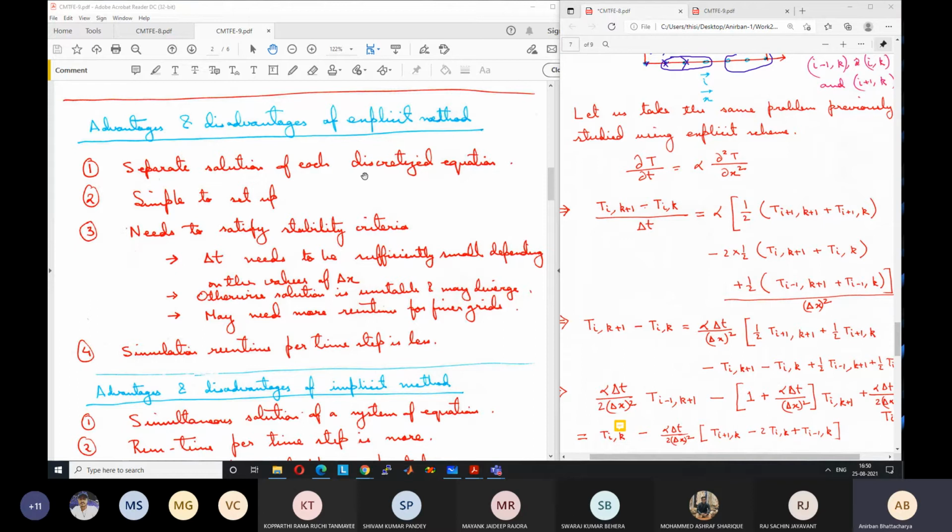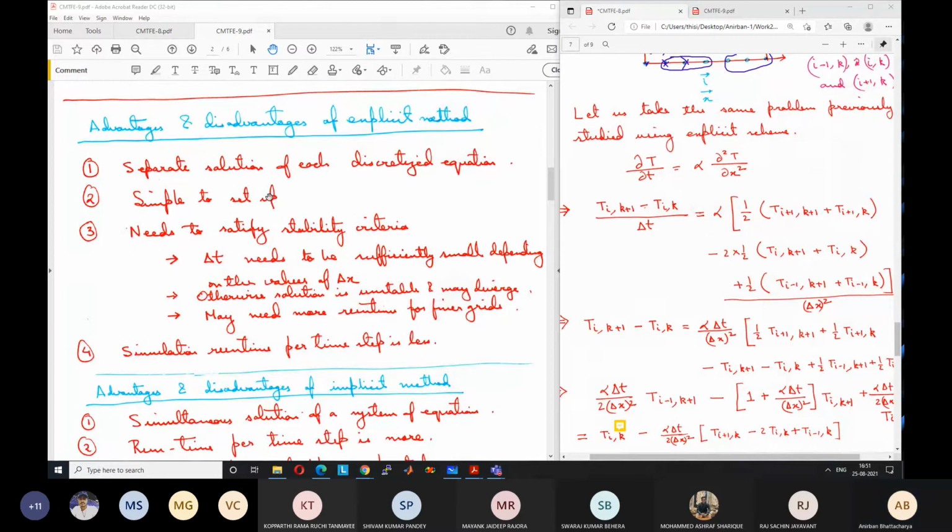Based on the previous time step value, you can calculate the new time step value, and continue like this. Simple to set up, because you don't need to simultaneously solve a set of equations. So it becomes much easier. It also means that it will take much less time to solve the equations, because you don't need matrix inversion.